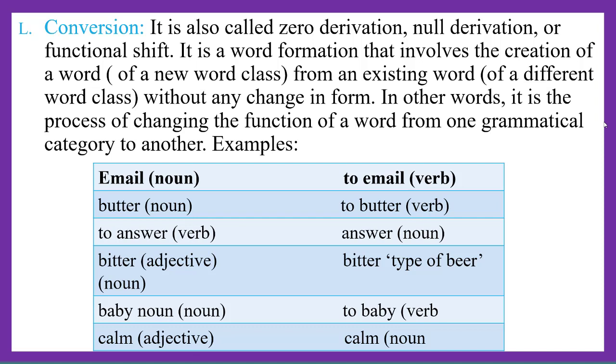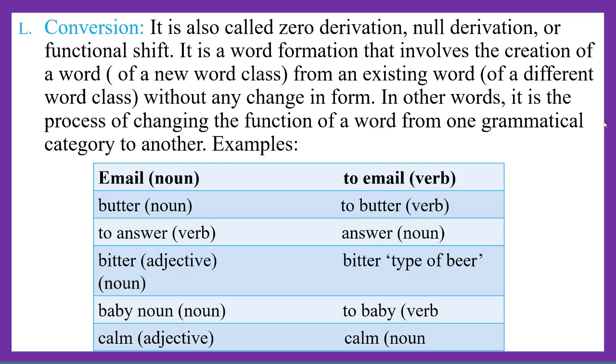Here we don't cut or remove any part of the word. We keep it the same way. So this is just to make the difference between conversion and back formation, because they are a little bit alike. So in conversion, we keep the same word. We use it as a noun and as a verb or adjective, depending.